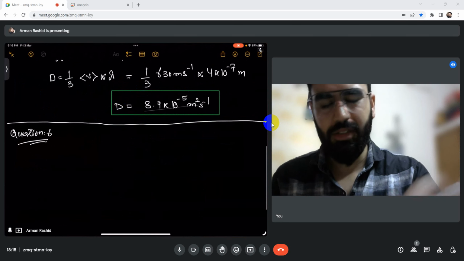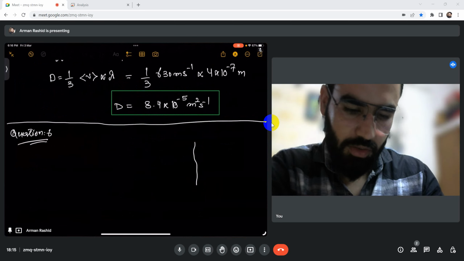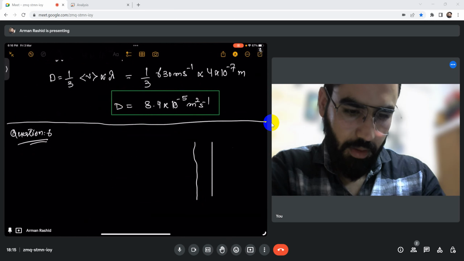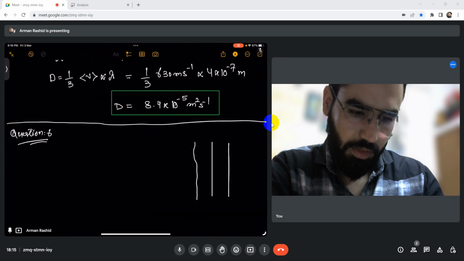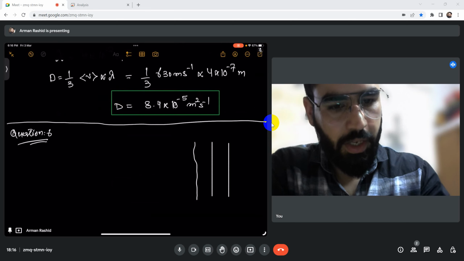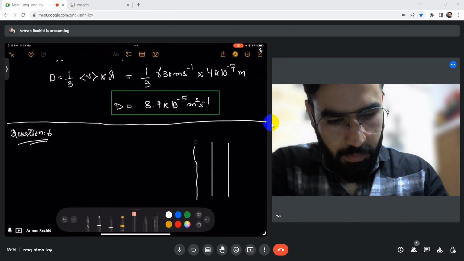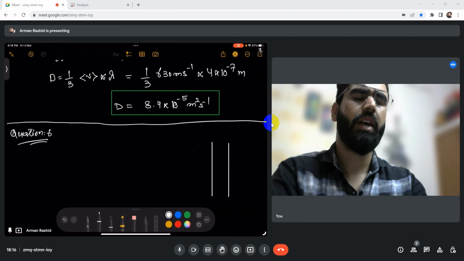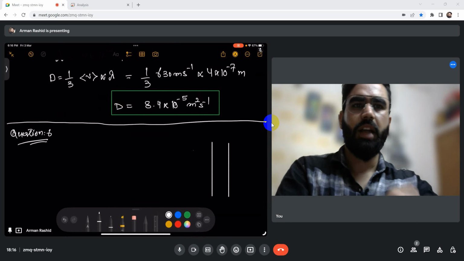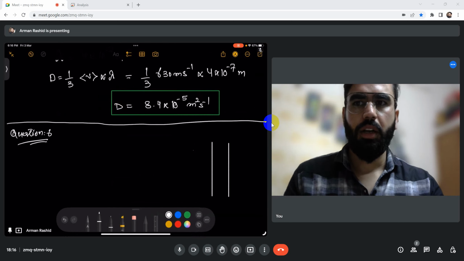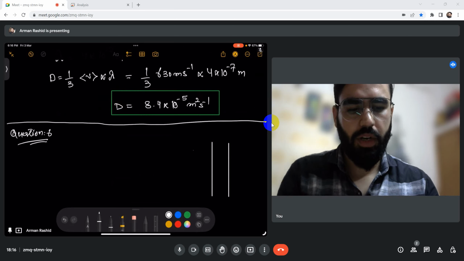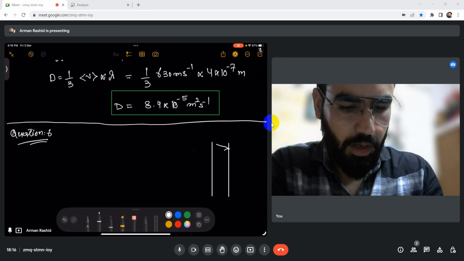For example, if these are the two walls, then since these walls are made of wood or something, they have high thermal conductivity. As a result, the inside temperature will go out, or they'll feel cold. So what they do is they fill it up with fiberglass.